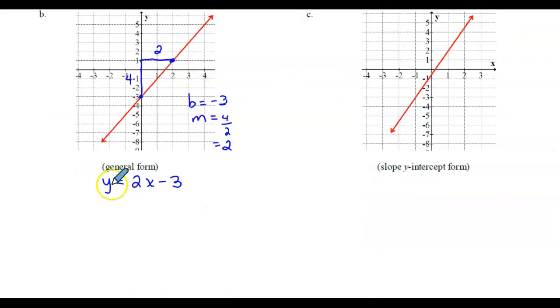So here, if you look at this, this is in slope-intercept form. And so yesterday I said, well, bring everything to the left because I like it shown on the left, but that would make the x negative. So today I'm showing you, because you've done it for a day, a little bit faster: if I bring the y term to the right, but then I'm going to rearrange it.